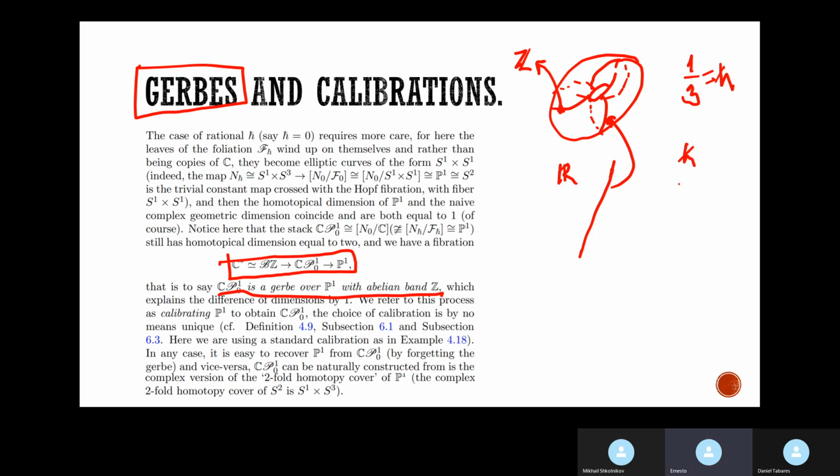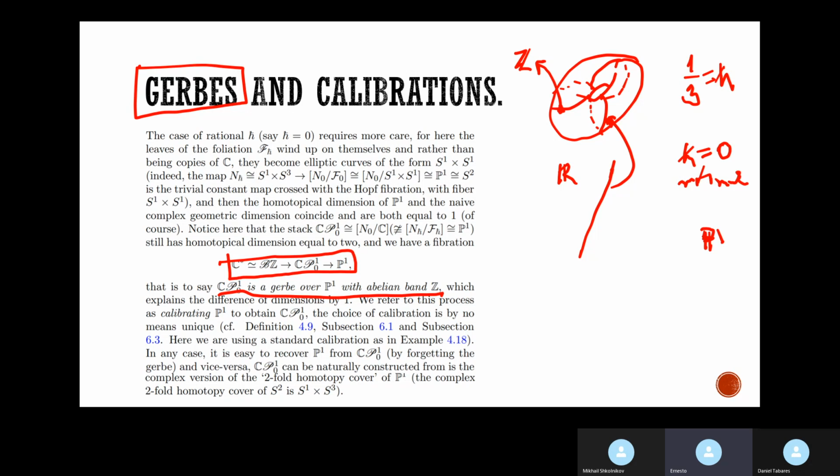But when h bar is rational, for example, when h bar is 0, then I have P1. But I don't get just P1.